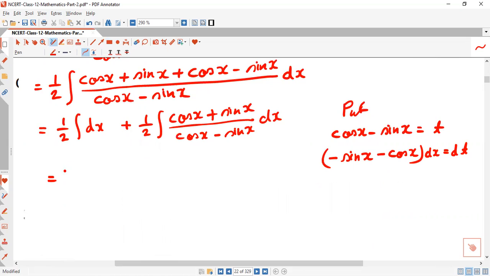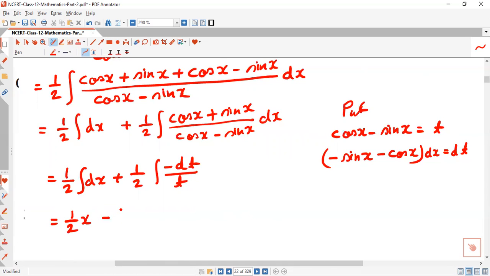Now solve this one. Half integration of dx plus half cos x plus sin x; the minus sign is there, so it comes out as minus dt divided by t. Taking integration, half x minus half log t plus some constant c.